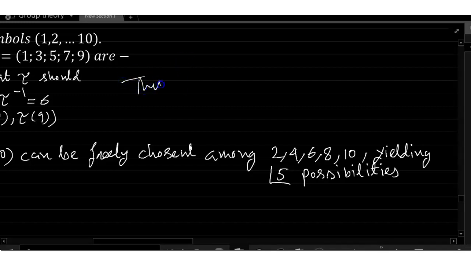Thus, the remaining values of tau are entirely determined.